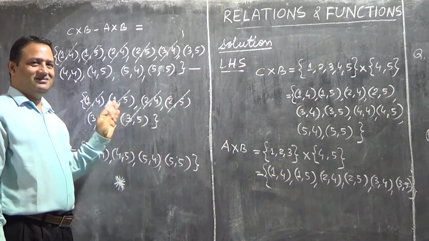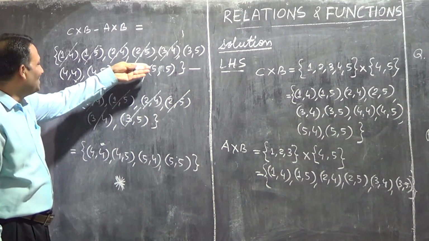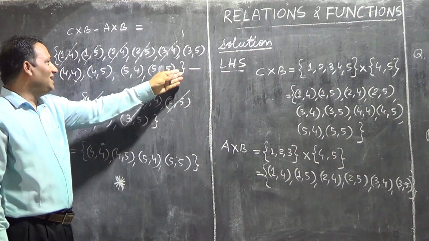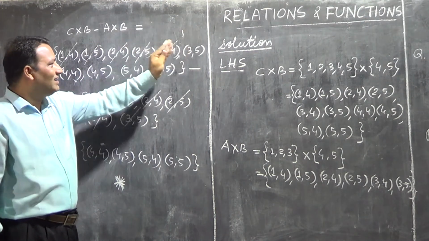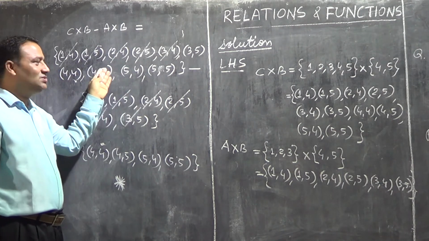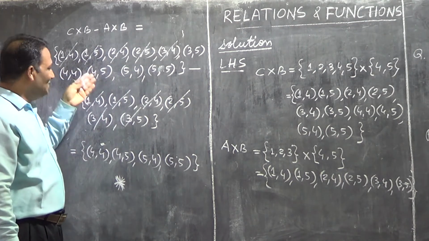Only write the remaining ordered pairs from the first set, the ones before the minus sign. If any of those is left out, you write it here.